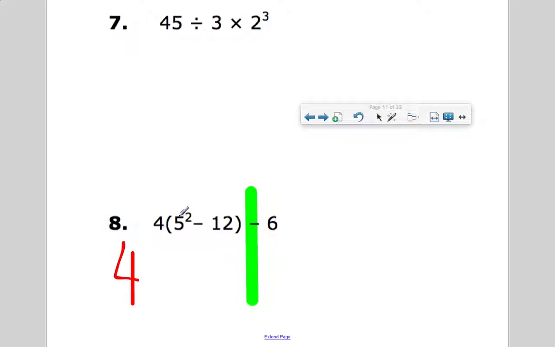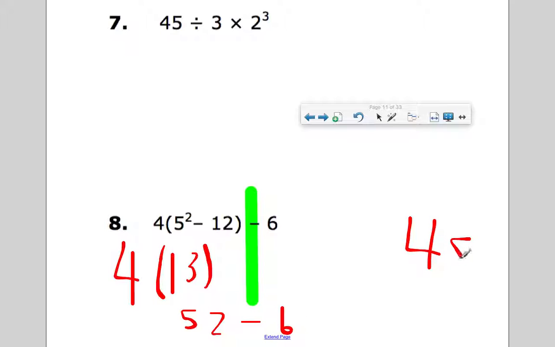In the parentheses, what is 5 squared? That's 5 times 5. 5 times 5 is 25. And 25 minus 12 is 13. So what is 4 groups of 13? 52. 52 take away 6 is 48.